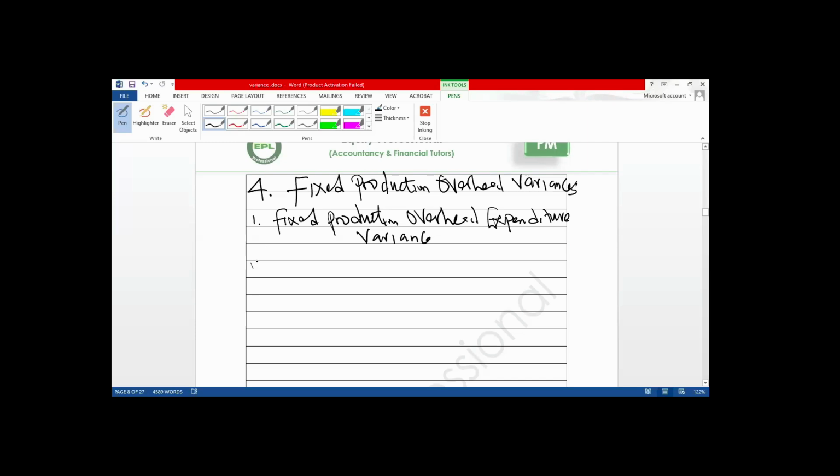To calculate this, the formula is budgeted fixed overhead minus actual fixed overhead.